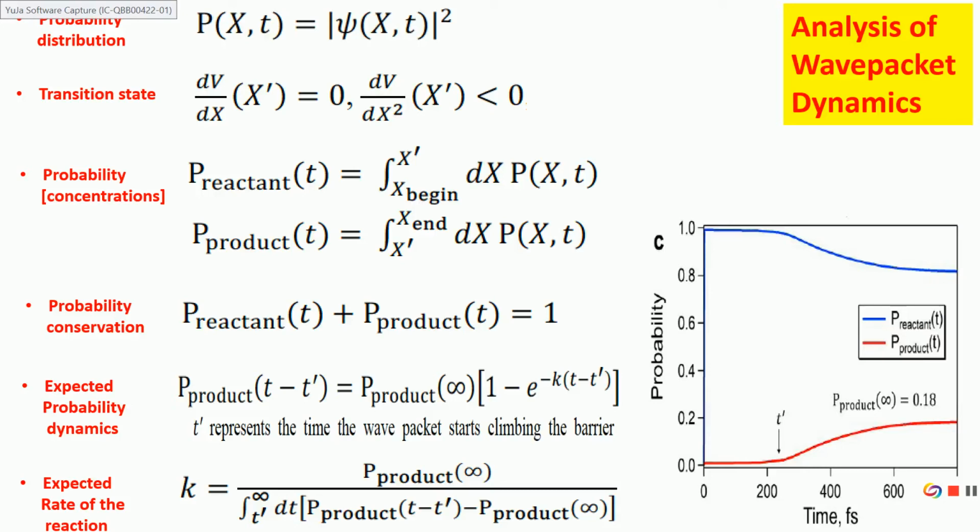So it will be concentration of product at infinite time divided by integration of product as function of time minus product at infinite time. And it is either implemented in some versions of code or it is one line to practice. So as soon as you have this line, one can.